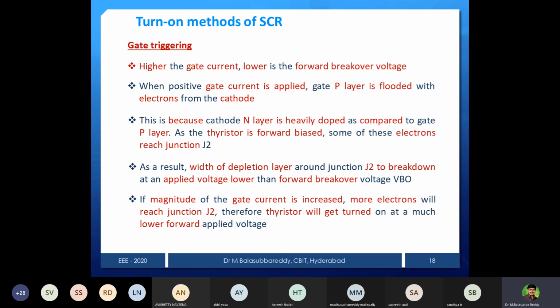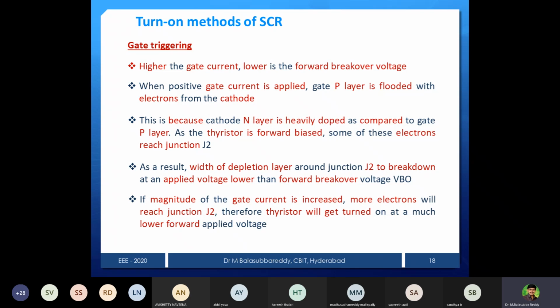As the thyristor is forward biased, some of these electrons reach junction J2, because J1 and J3 are already forward biased. For whatever method we follow, we need to break only junction J2. Whenever it is a forward bias condition, to break junction J2 we apply all these methods.